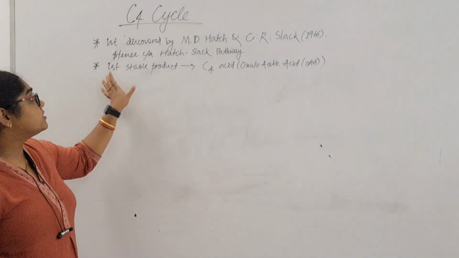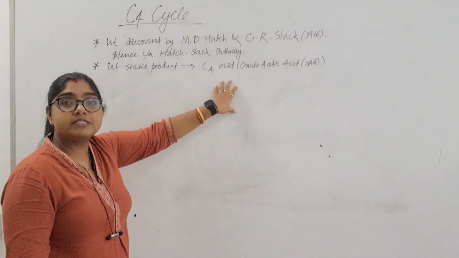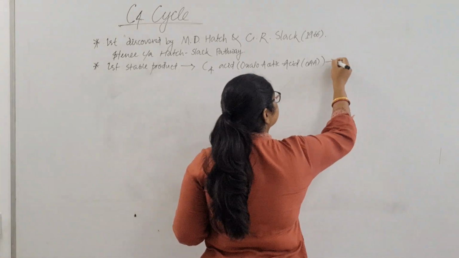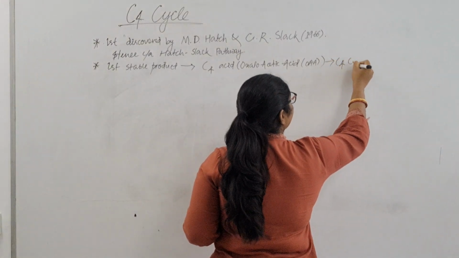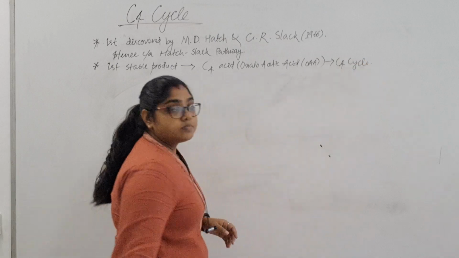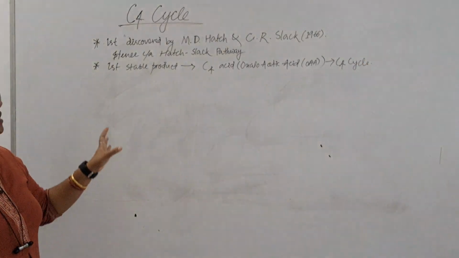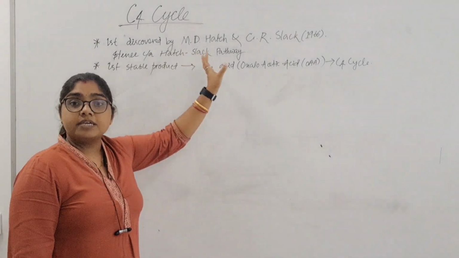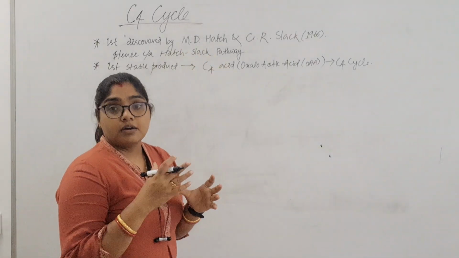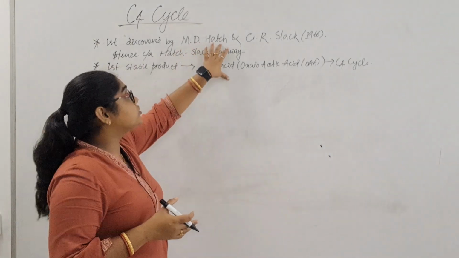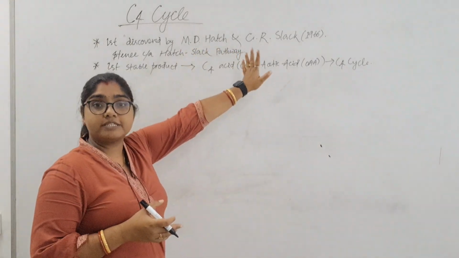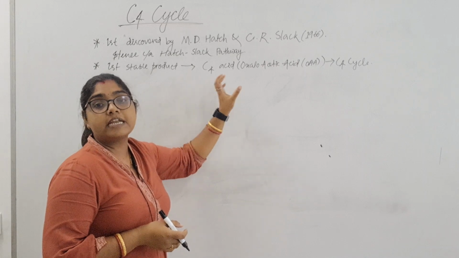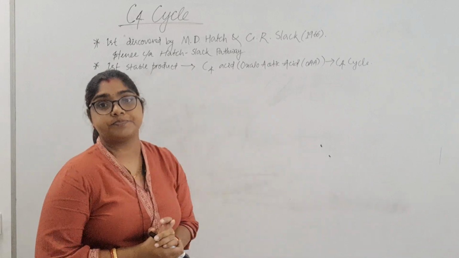This is the first stable product of this cycle, and that's why it is known as the C4 cycle. Got it? So the C4 cycle is also known as the Hatch-Slack pathway because it was discovered by M.D. Hatch and Charles Roser Slack, and the first stable product is a 4-carbon acid.